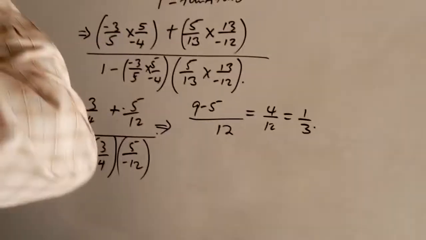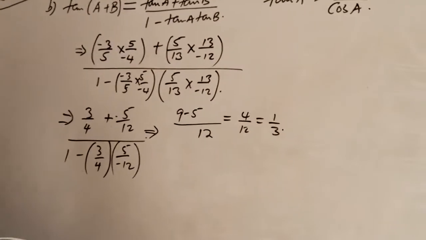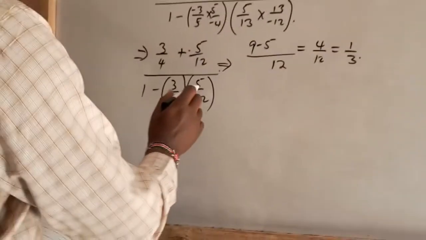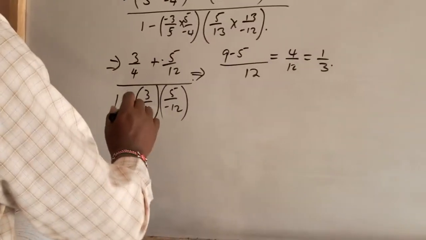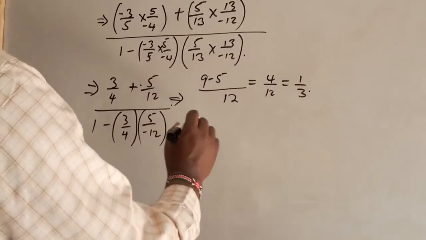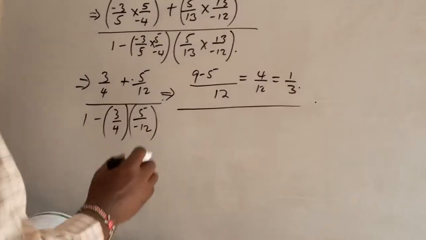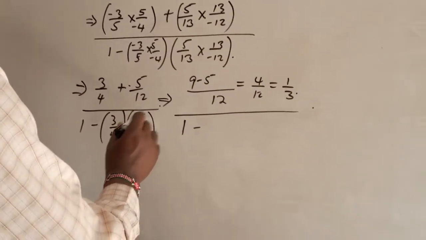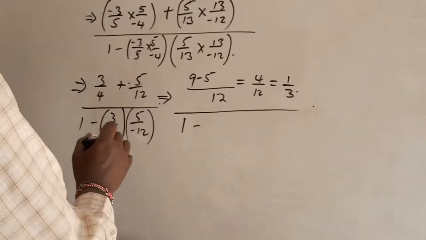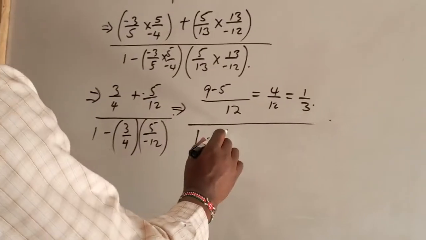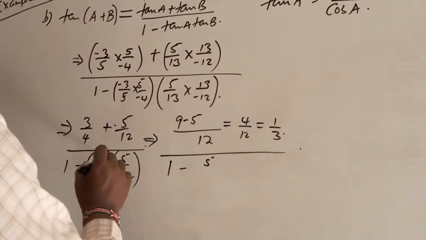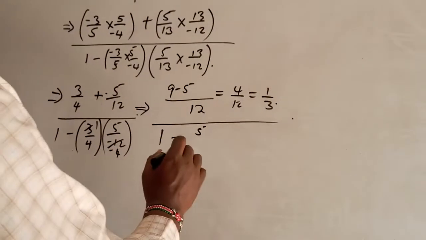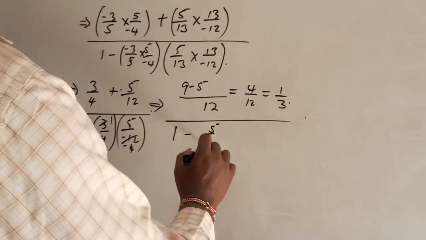What about the denominator? The denominator gives us something to do with 1 minus 15 out of 48, but you can cancel this by 3, giving 5 out of 16.